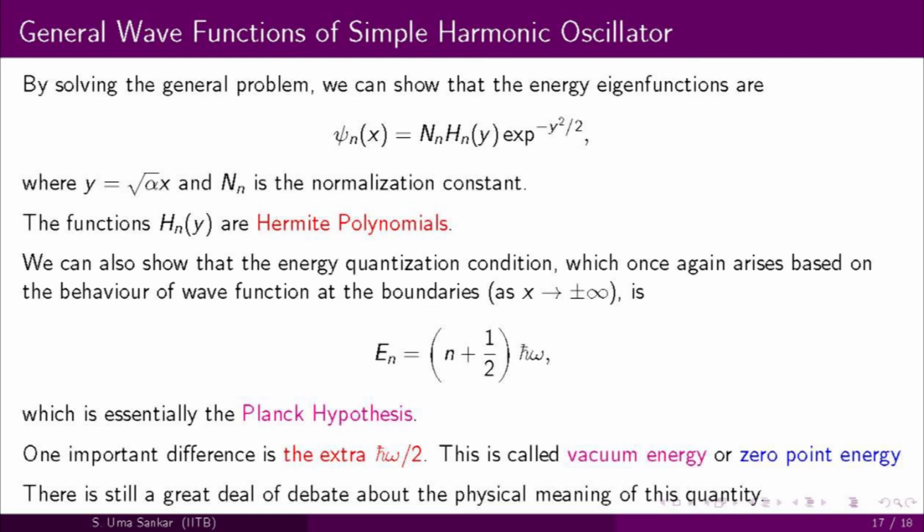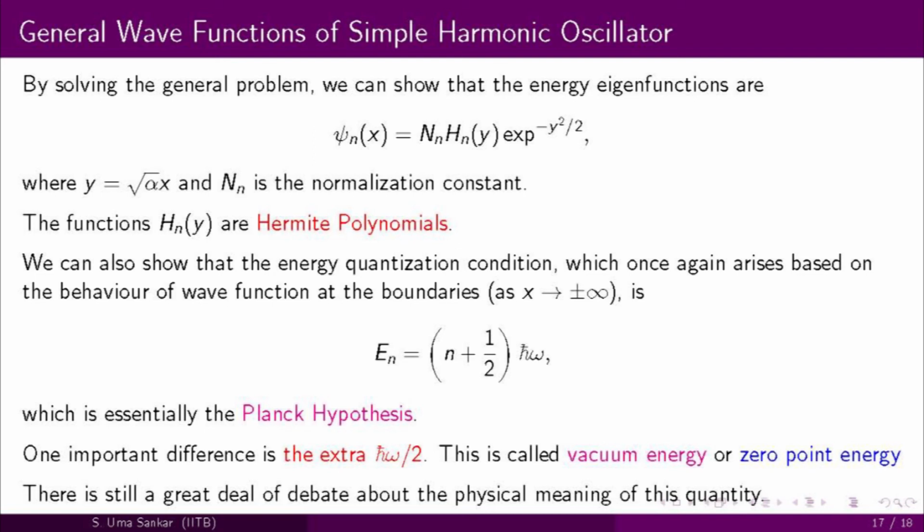So, Planck said E n is n h nu, that is n h cross omega, but here we have an extra half, that extra h cross omega by 2. This is called vacuum energy or zero point energy. What is the physical significance of this? Well, there is a lot of debate about that, so we will not really go into it.